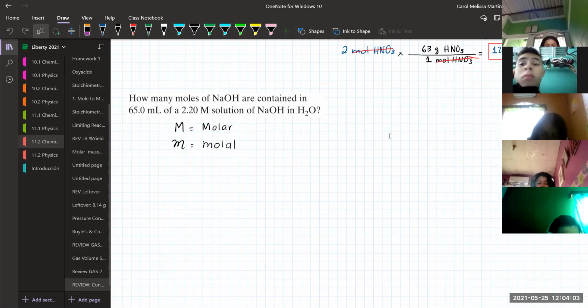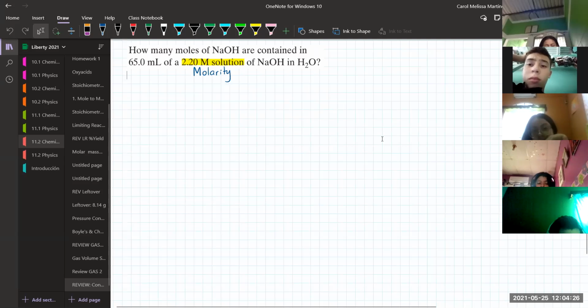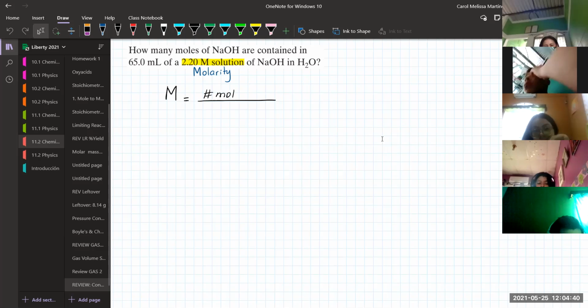Now here we're talking about a solution that has 2.2 molar. So this means that this exercise is from molarity. And according to the equation that I gave you for molarity, molarity is equal to number of moles of solute divided by liters of solution.